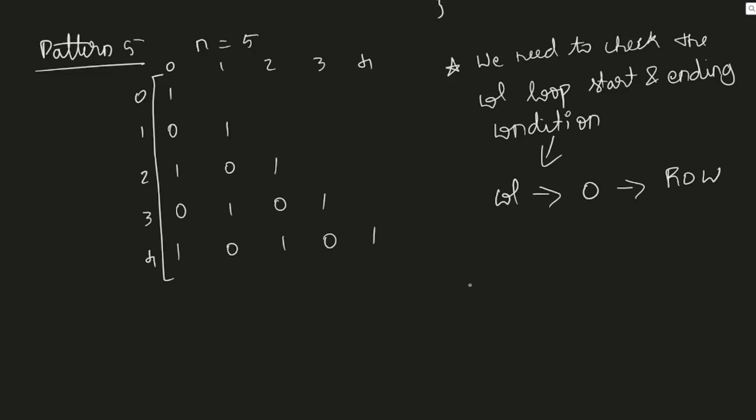We got one thing. The second thing is, if you closely observe this pattern, every even row starts from 1. The rest of the numbers are switching between zeros and ones. If you observe 0, 1, 0, 1, 0, 1. That's the logic behind this pattern.